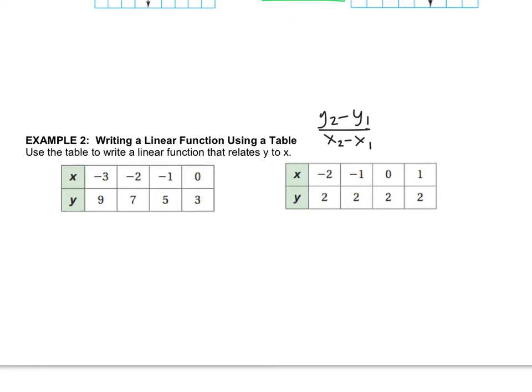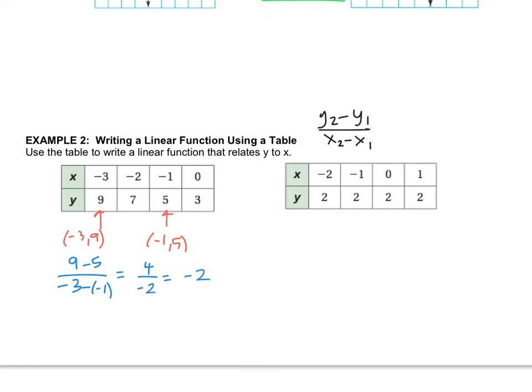I'll just do these 2. So this is the point negative 3, 9, and this is the point negative 1, 5. So to use the slope formula, it's going to be 9 minus 5 over negative 3 minus negative 1. And that gives me 4 over negative 2, which is negative 2.